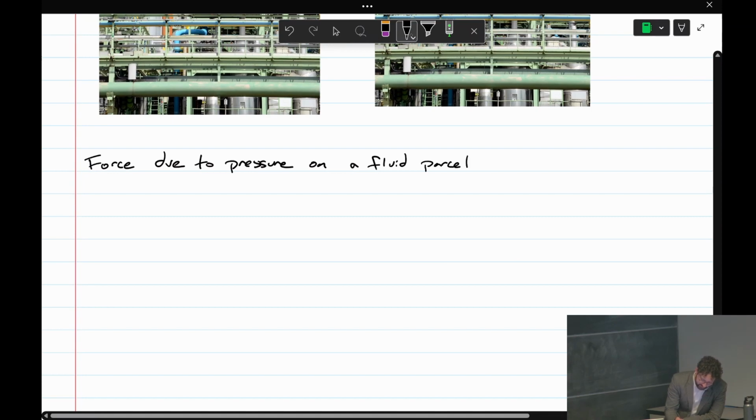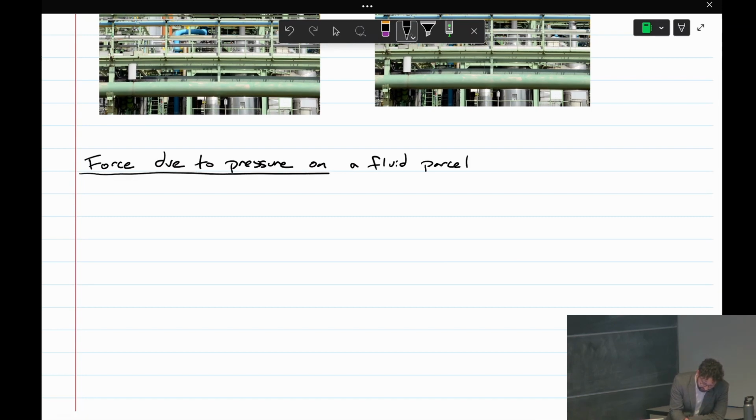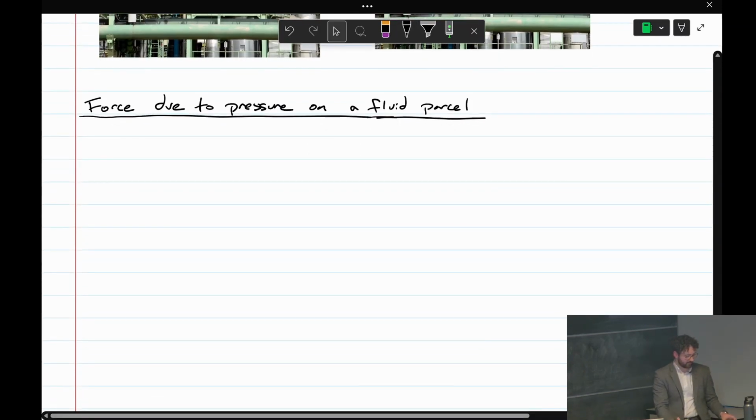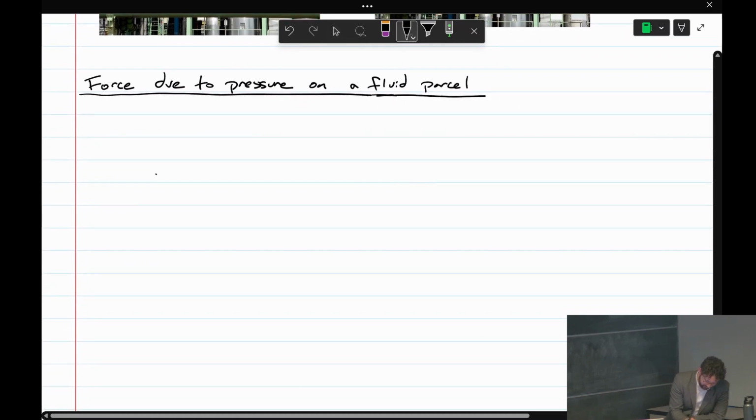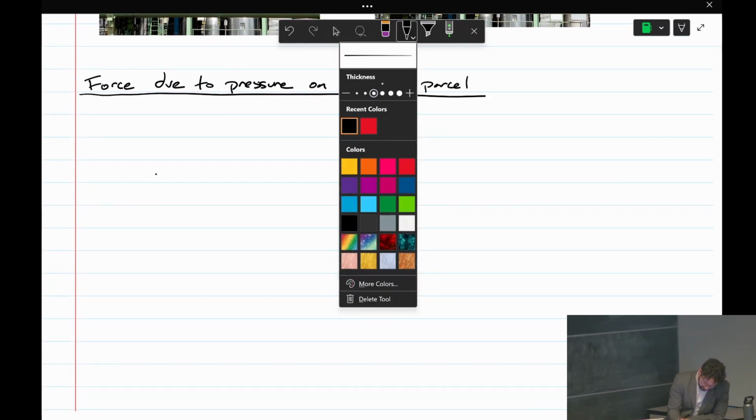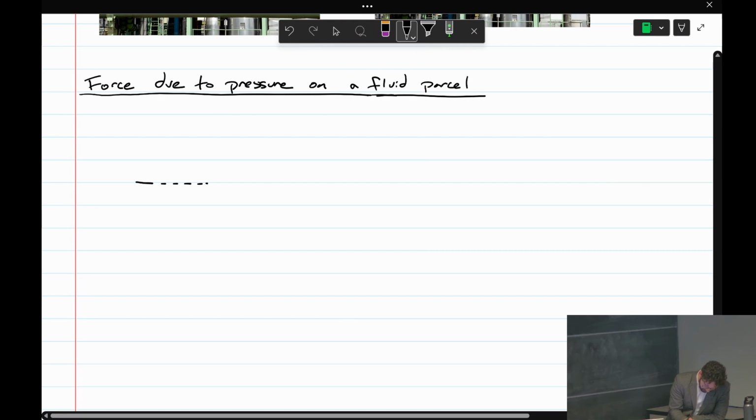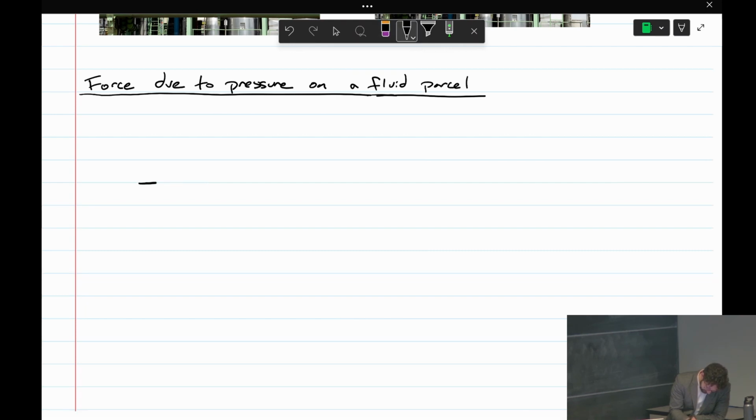Remember, a parcel is a differential element of our fluid. Okay, so let's draw a fluid element here. We're going to say our fluid parcel is kind of a cube.